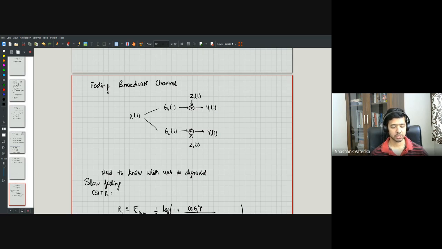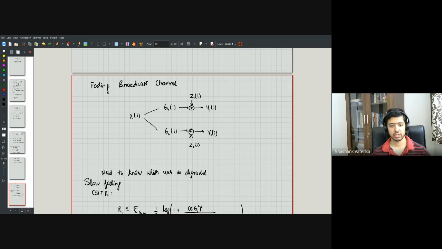We got some expressions in terms of these time sharing or auxiliary random variables. And then we looked at broadcast channels, but we saw that even for two user broadcast channels, we could not in general characterize the capacity region. For the two user degraded broadcast channel, we know what the capacity region is.